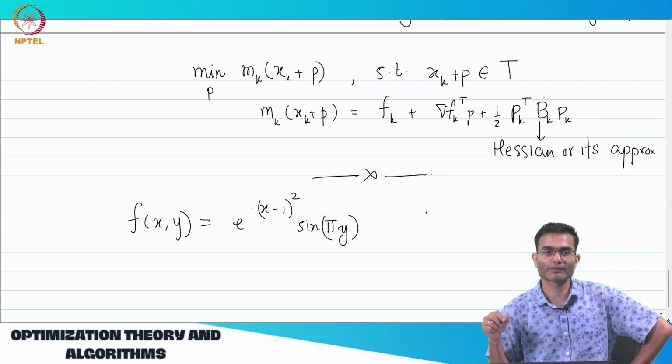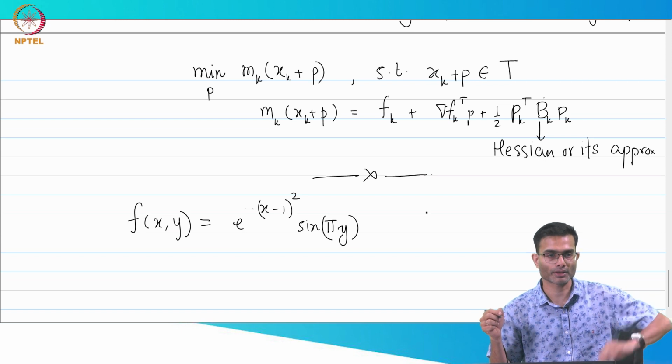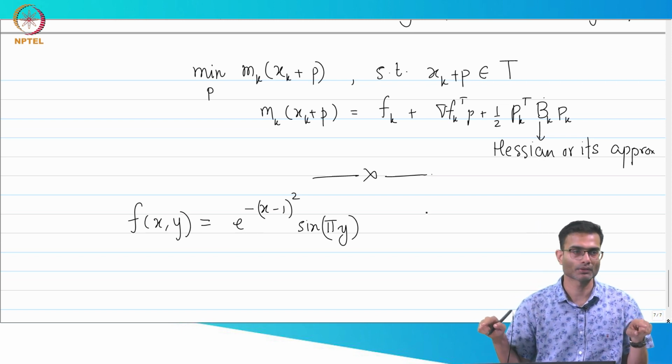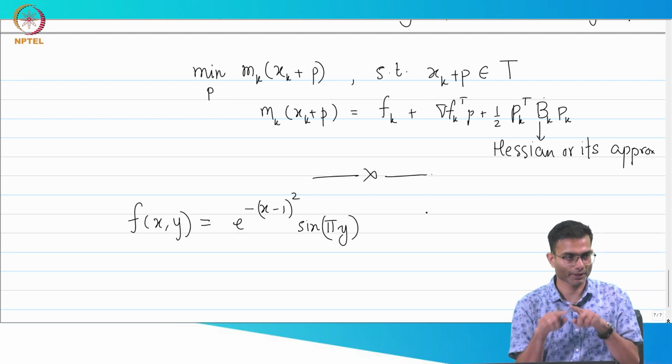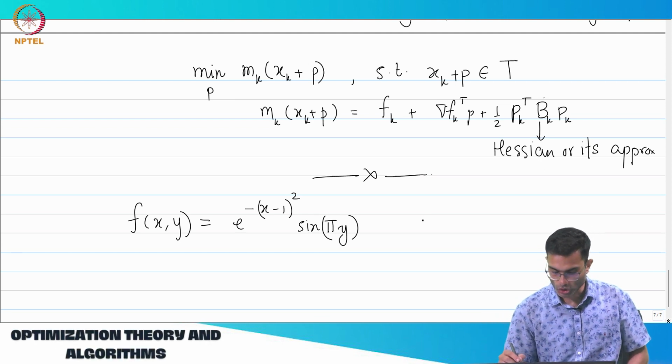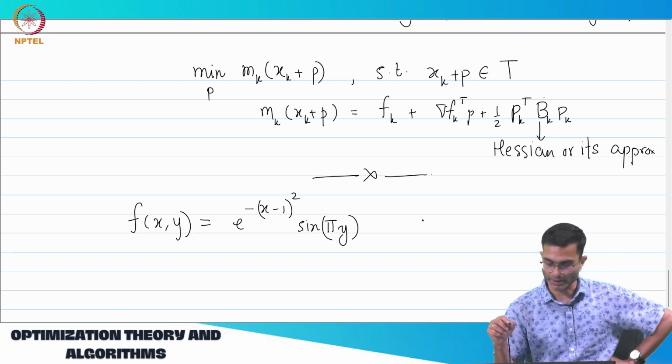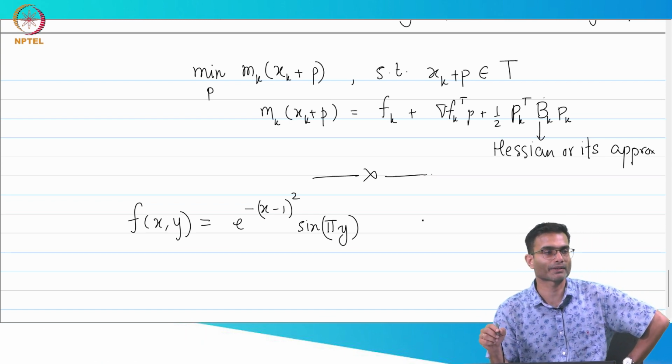It is periodic in which direction? It's periodic in y, right? So along the y axis I will find it repeating, and in the x direction it is definitely not periodic, right? It's a decaying exponential.